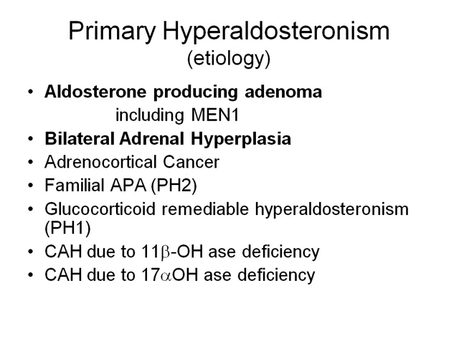Occasionally you can get it with unusual things, cancer of the adrenals. There are familial syndromes. There's something called glucocorticoid remediable hyperaldosteronism, which is a gene mutation, and various forms of congenital adrenal hyperplasia can also produce this problem.